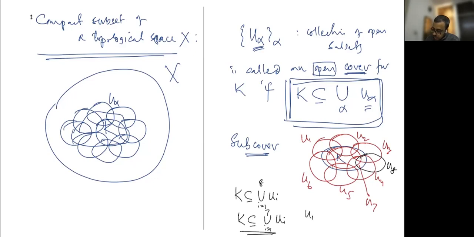So in this case, U1 to U7 is a subcover of U1 to U8. There has to be a set K about which you are discussing. So if there is a smaller collection that also covers the set, then you call it a subcover.